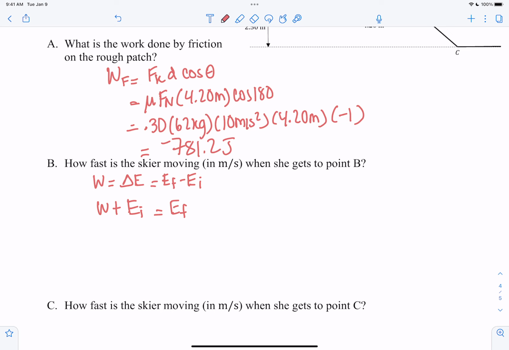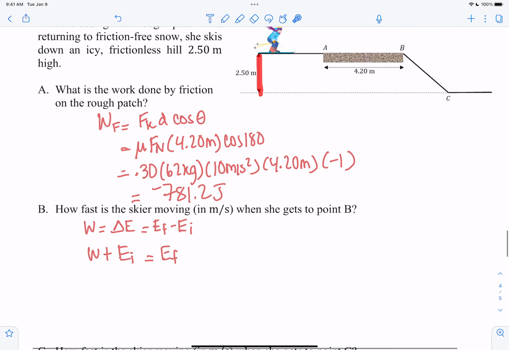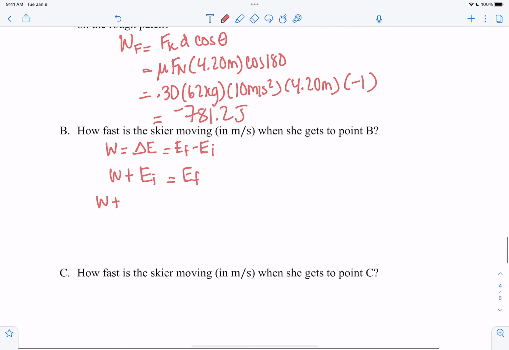So for this, just to make things a little bit easier, technically there's a height here, right? So you have an initial gravitational potential energy, and then you obviously have initial kinetic energy.